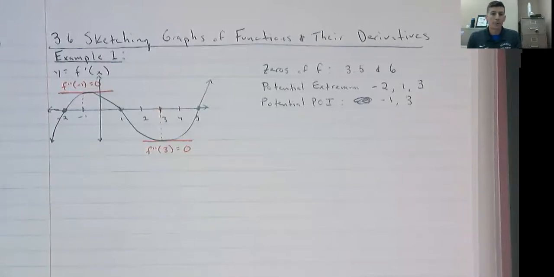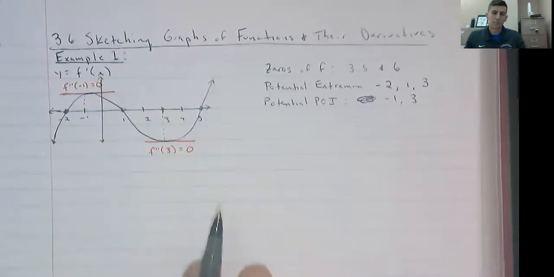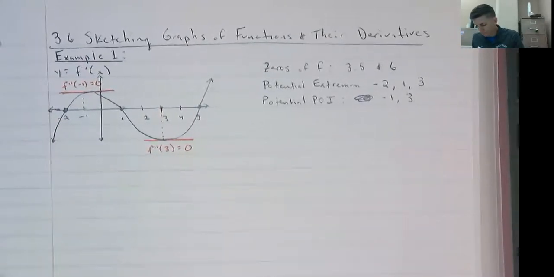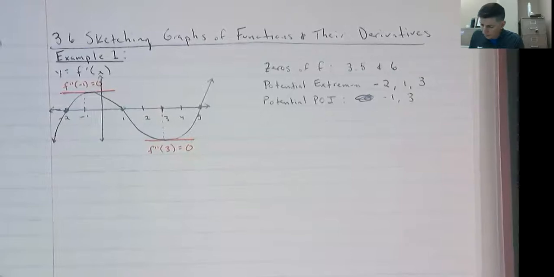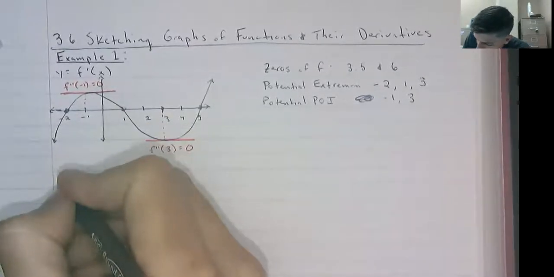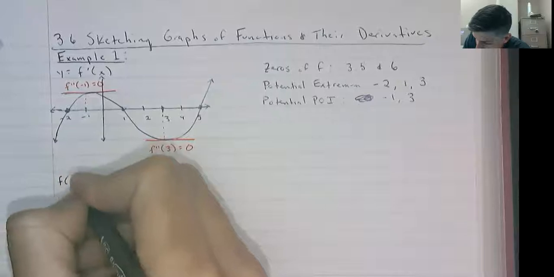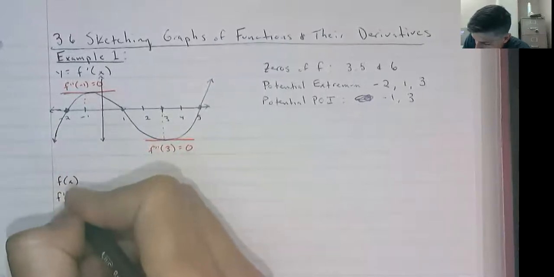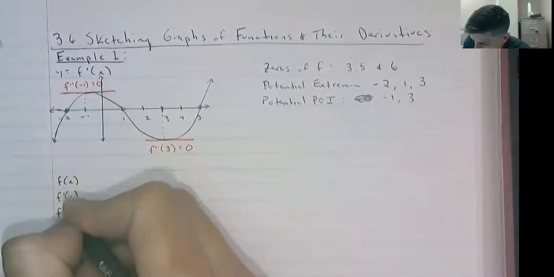My brain going from a vertical table to a horizontal graph just makes more sense. So what we're going to track in this table is f of x, f prime of x, and f double prime of x.